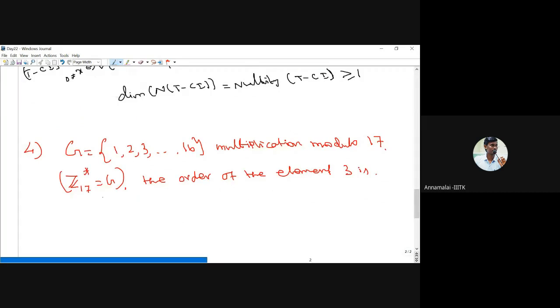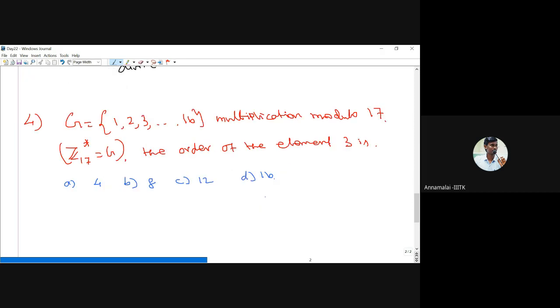The options are: first option 4, second option 8, third option 12, and fourth option 16. Then what is the answer? 3 power something should be the identity. So 16.